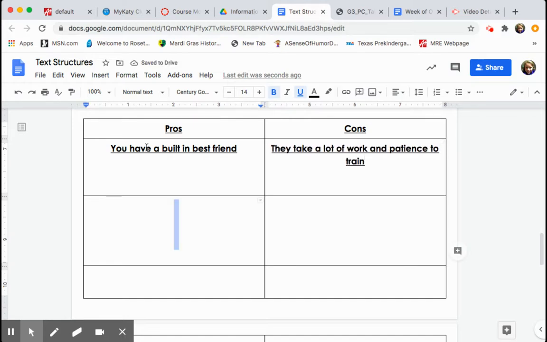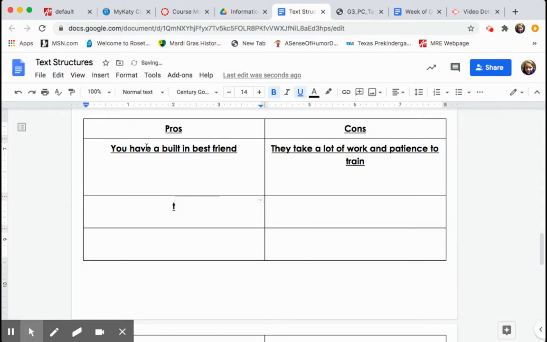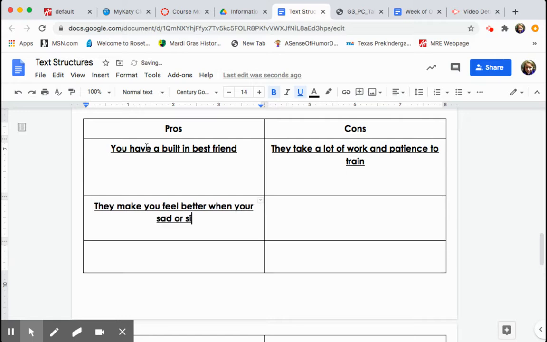Another pro would be they make you feel better when you're sad or sick. Another con would be sometimes they're messy. Like if they destroy toys, they could be messy.